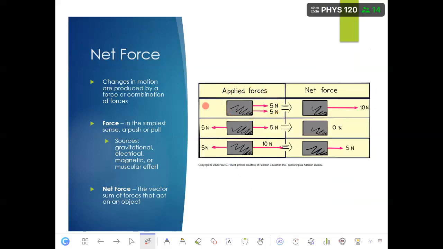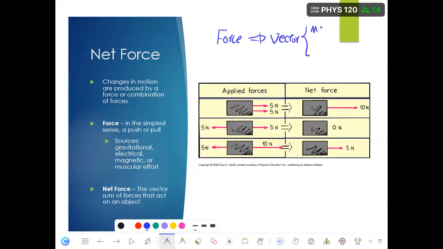We are adding forces with their sign. Force, again, force is a vector. It does have magnitude and direction. Perfect. So these two forces are on the right side.